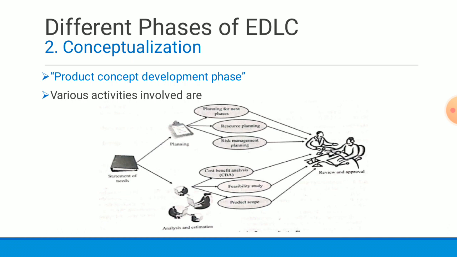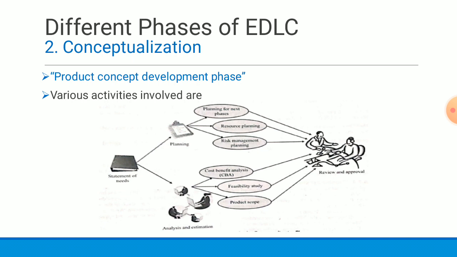The product scope deals with what is in scope and what is not in scope. In scope means what functionalities or tasks are considered for the product, and not in scope means what functionalities or tasks are not considered for the product. This product scope should be documented properly for future reference.